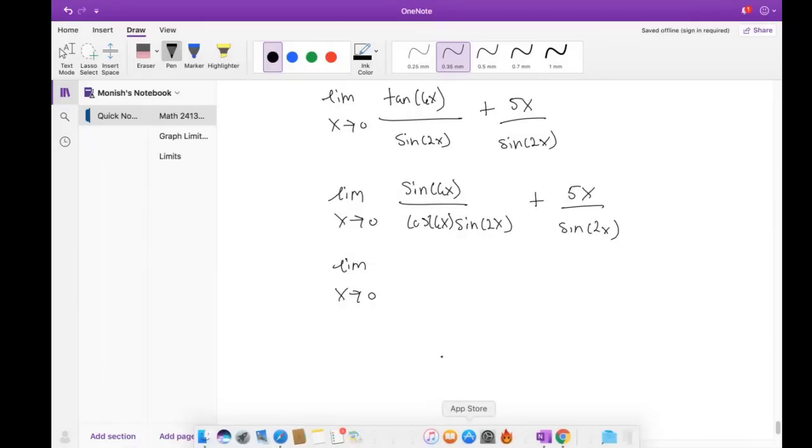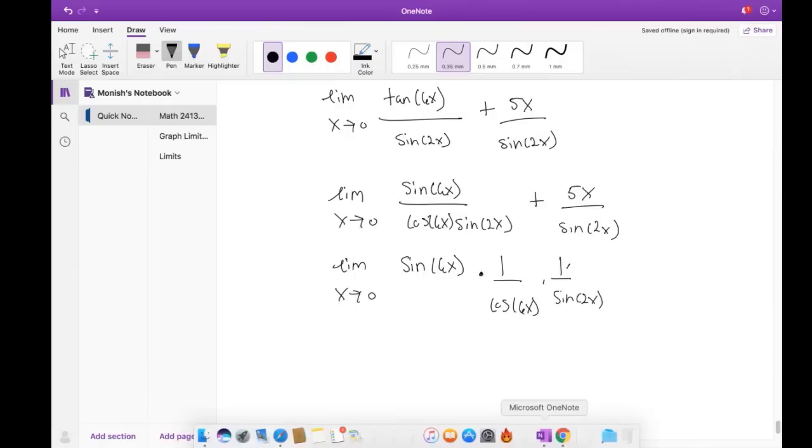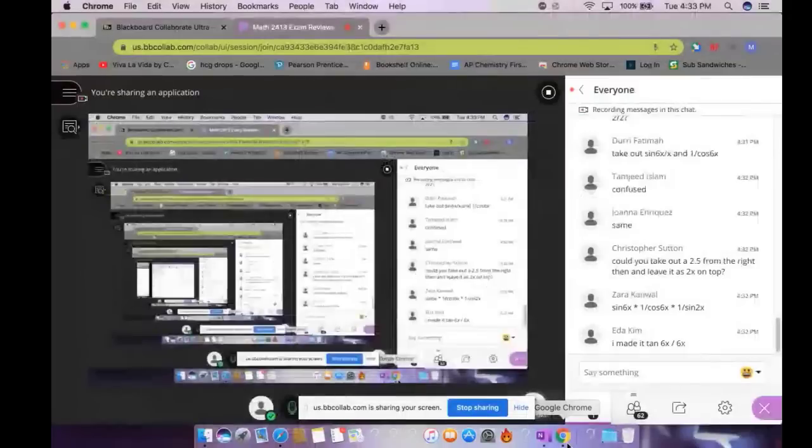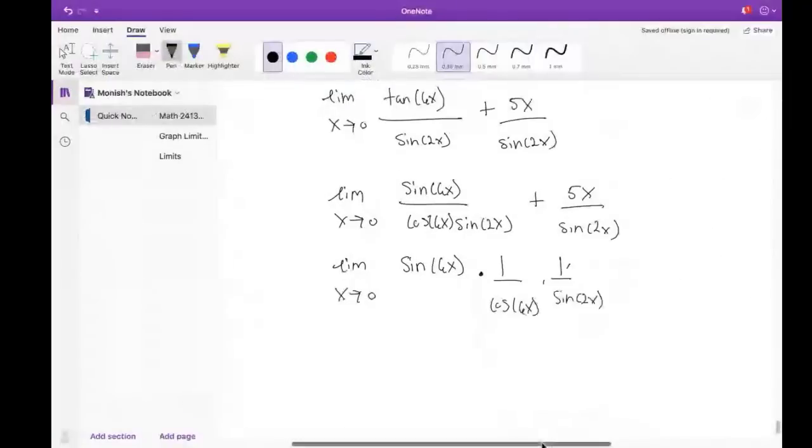What can I do from this point? So you're saying to split it like this? Okay, so this is the first part.